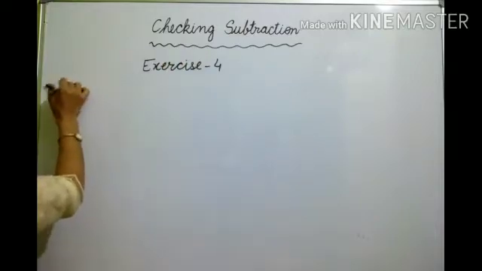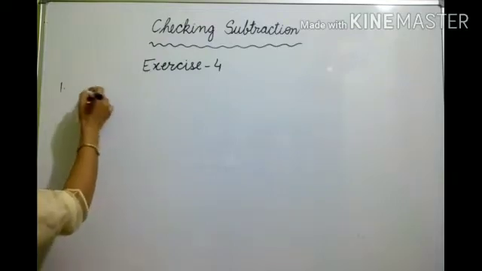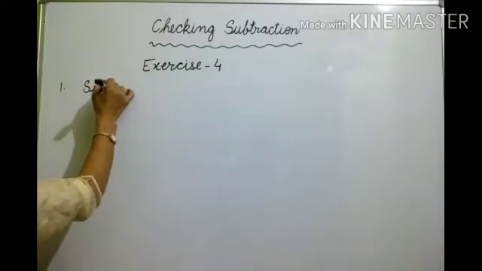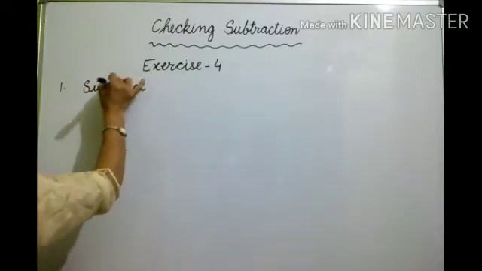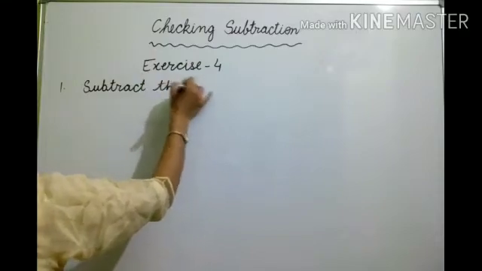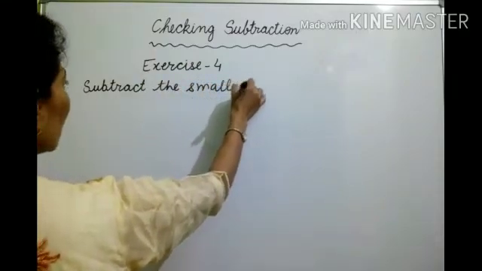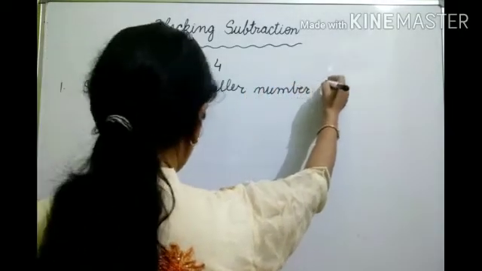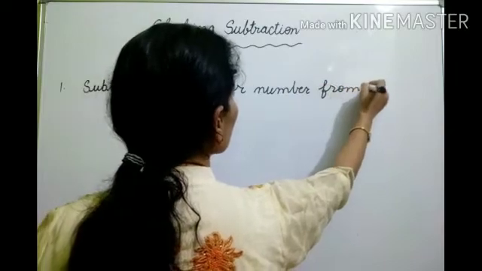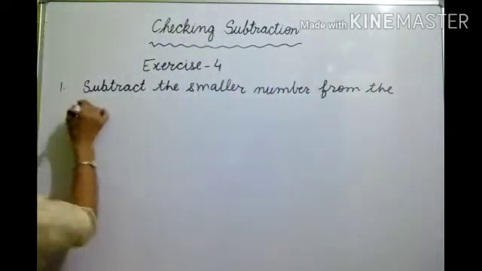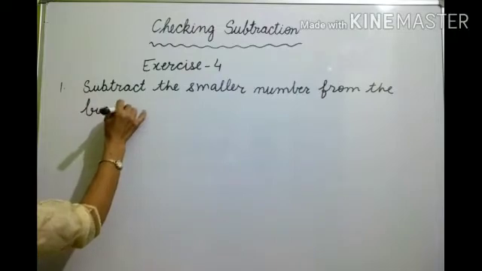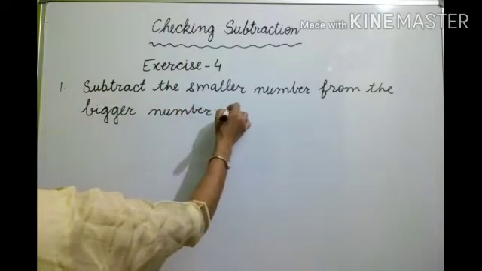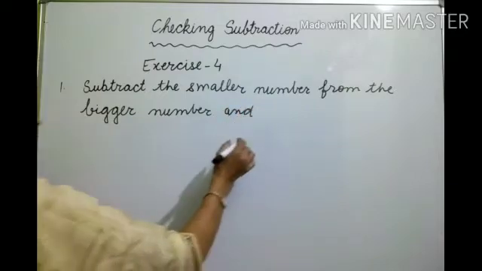Question 1. The first question is given; we will read it and find what is given. Subtract the smaller number from the bigger number and check your answer.